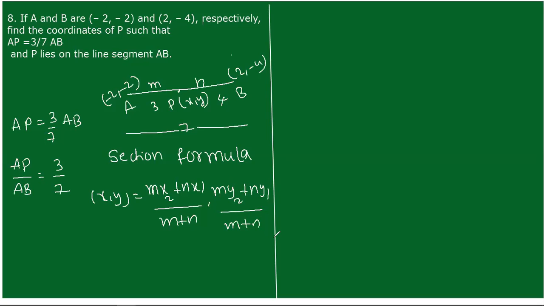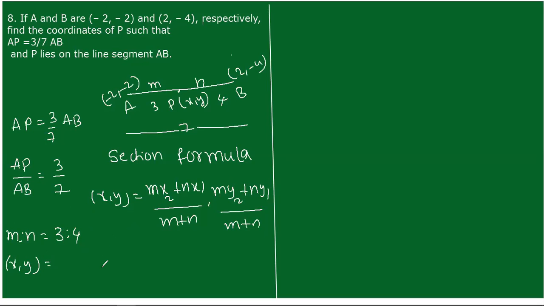Now let's apply the formula. We have a little space over there. x comma y is equal to M. So what is the M is to N ratio? Okay, I forgot to mention the ratio. Yeah, I'm mentioning here. M is to N is equal to 3 is to 4.